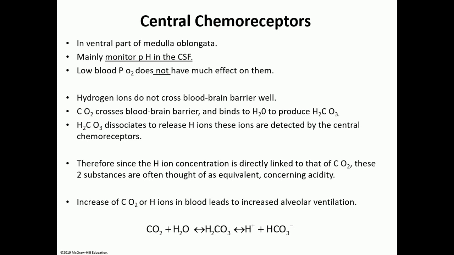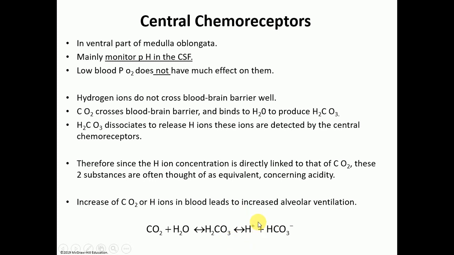Okay, these are the ones that really affect breathing rates. Since hydrogen has no ability of crossing the blood-brain barrier, what happens is the carbon dioxide combines with water to make carbonic acid, or H2CO3. Carbonic acid then breaks down into hydrogen and bicarb.